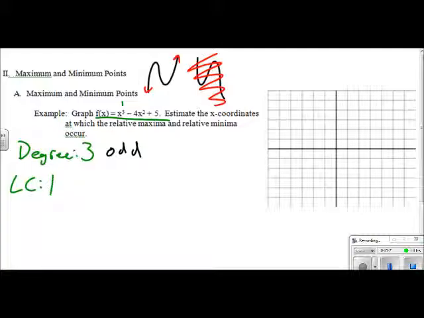Now we need to find how the actual graph is going to look, so we make our XY chart. Again, you should be plugging this function into your calculator on your own and finding a table on your own. Here are the values that I found.